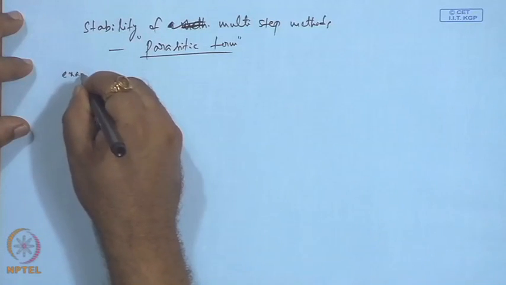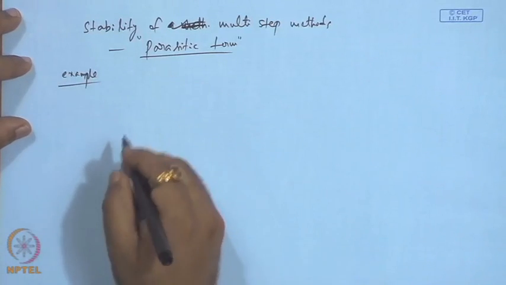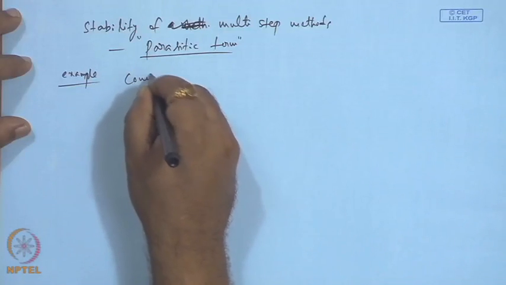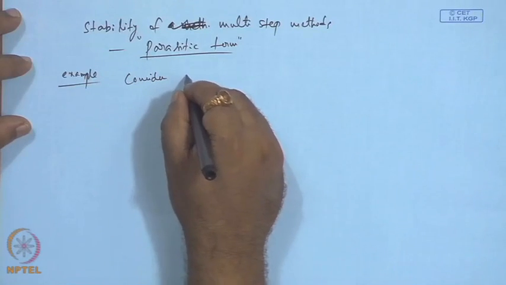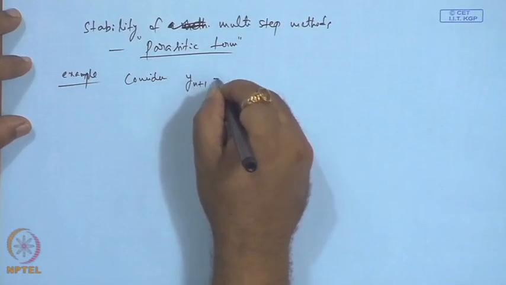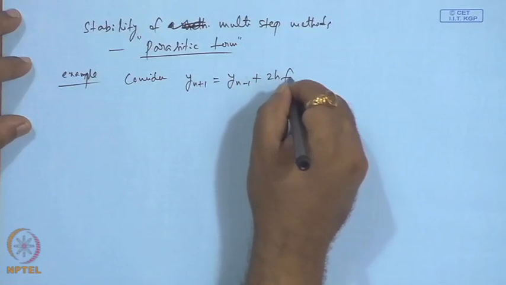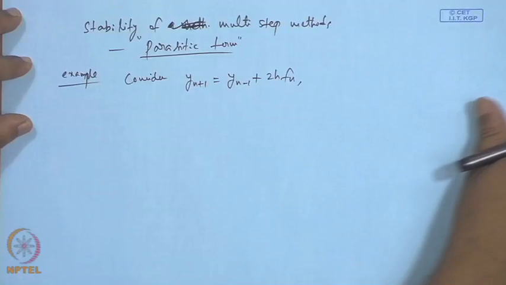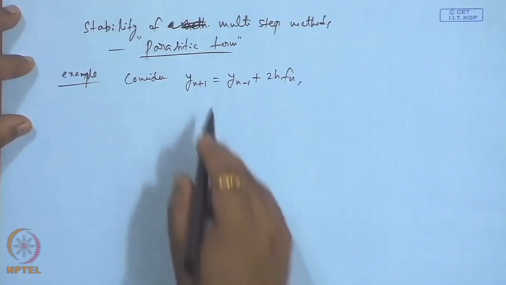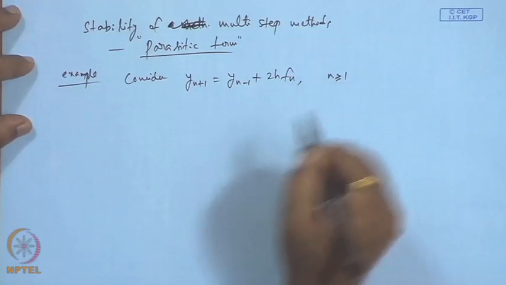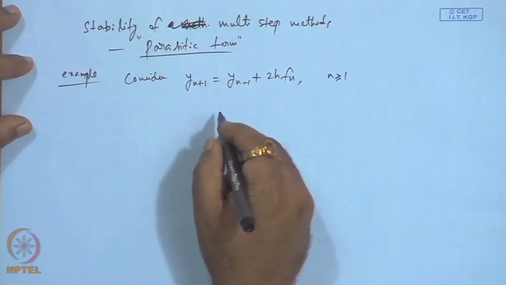So, let us see with an example. So, consider the multi-step method, okay. So, obviously, this is for n greater than or equals to 1, right.